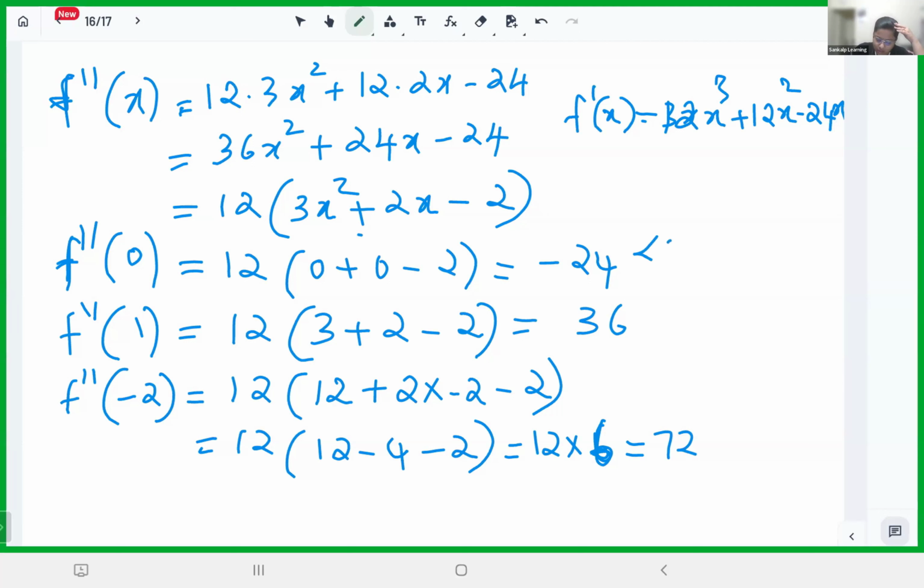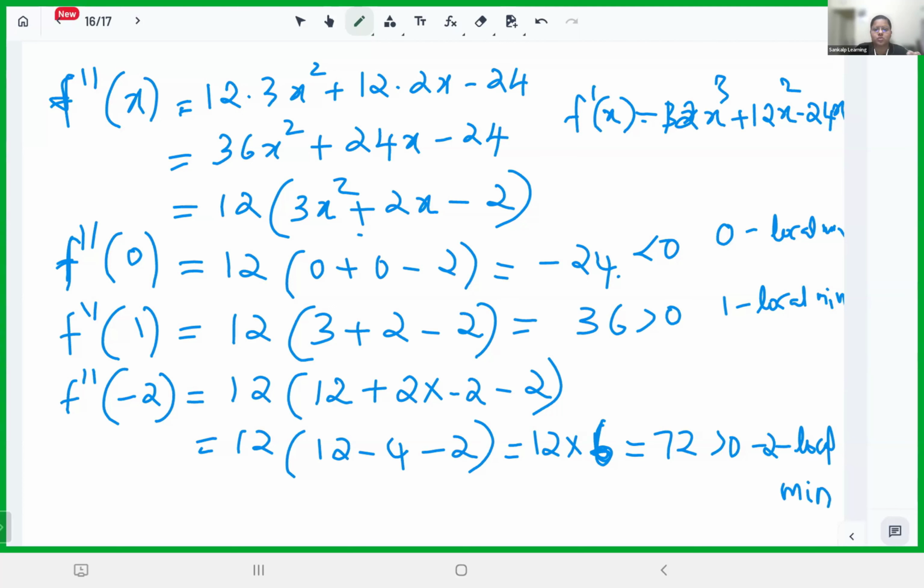Here f double dash of 0 is less than 0, so 0 is a point of local maxima. f double dash of 1 is greater than 0, which means 1 is a point of local minima. f double dash of minus 2 is also greater than 0, which means x equal to minus 2 is also a point of local minima.